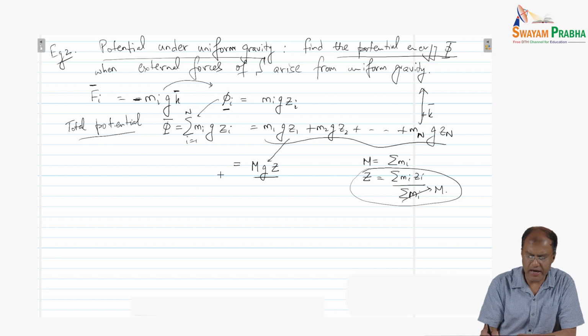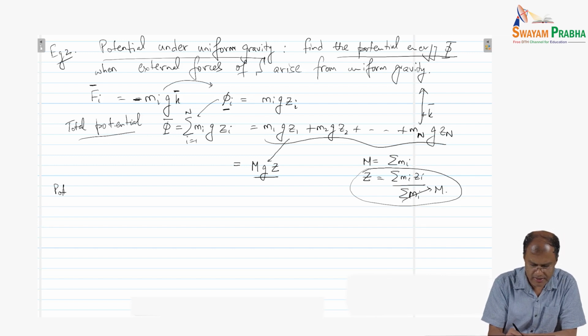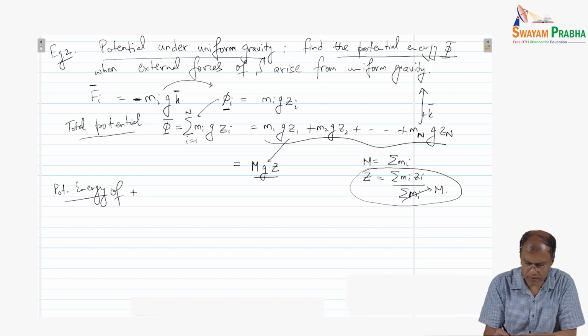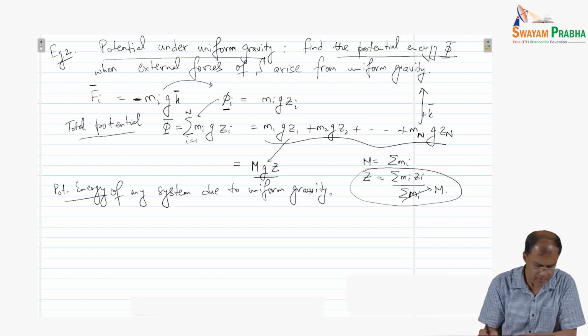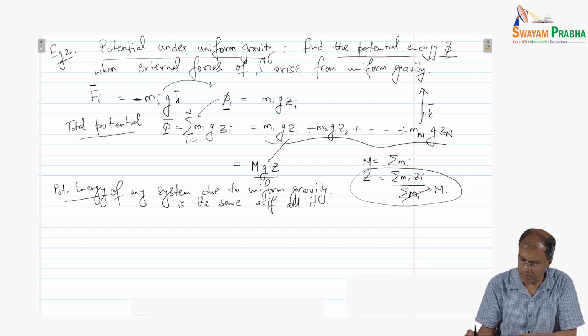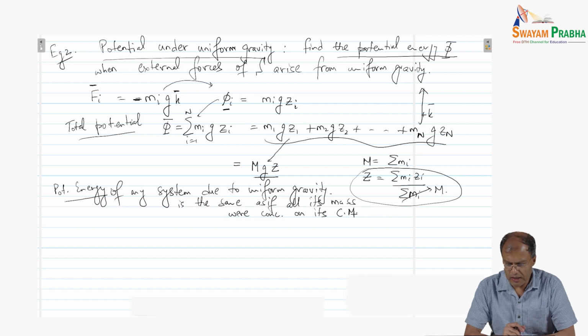Let me write what I just said: the potential energy of any system due to uniform gravity is the same as if all its mass were concentrated on its center of mass.